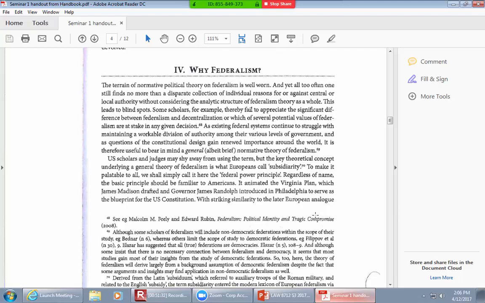Now, subsidiarity then is what they use in the Catholic Church in relation to social organization. And this is recent. This was in the 20th century, just before World War II, if I recall correctly.